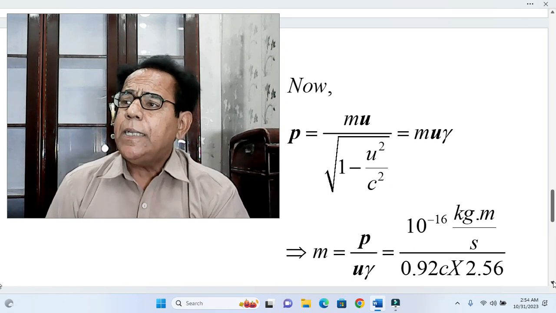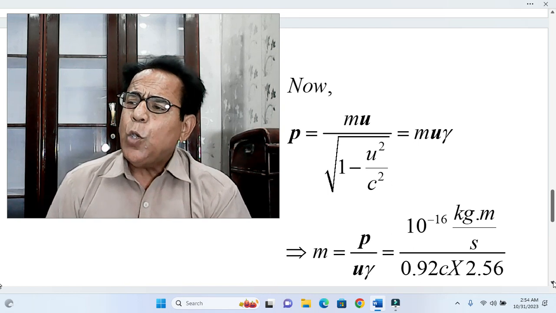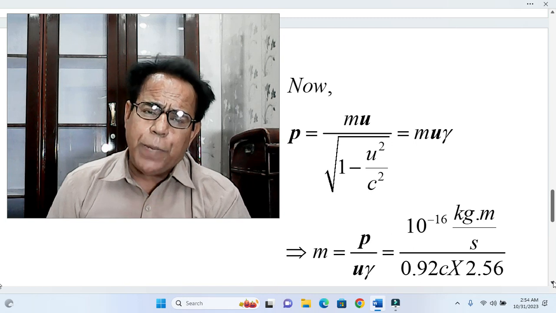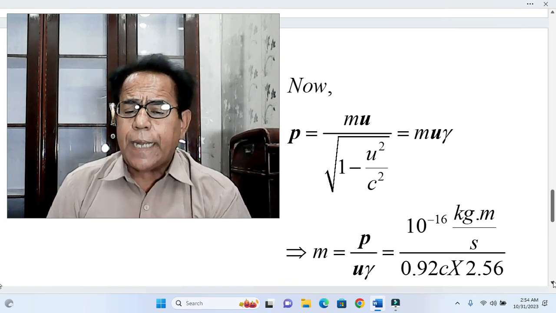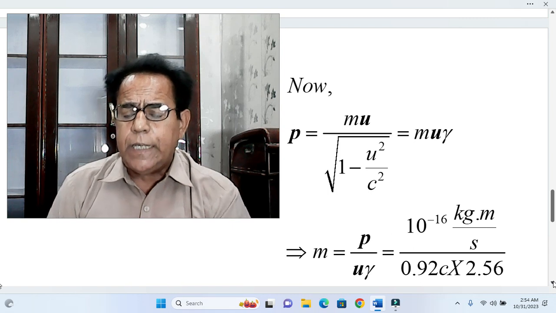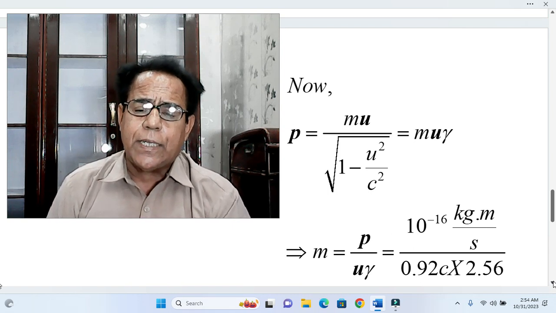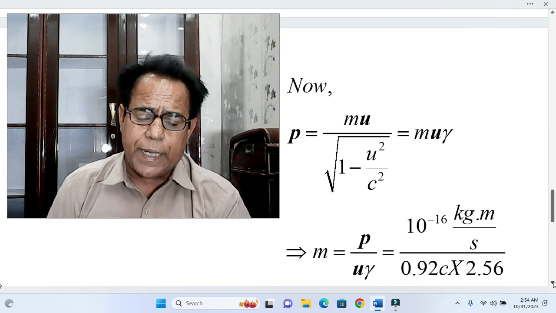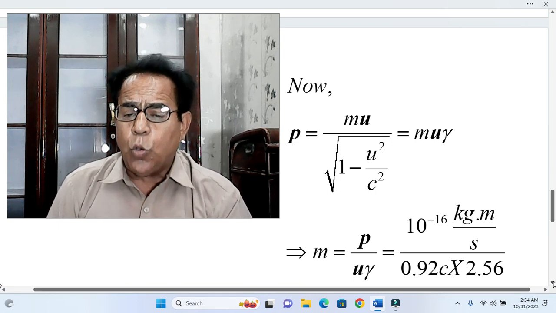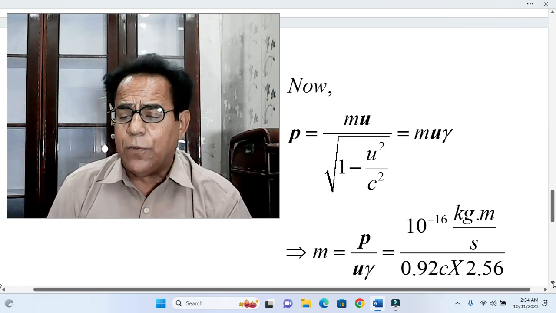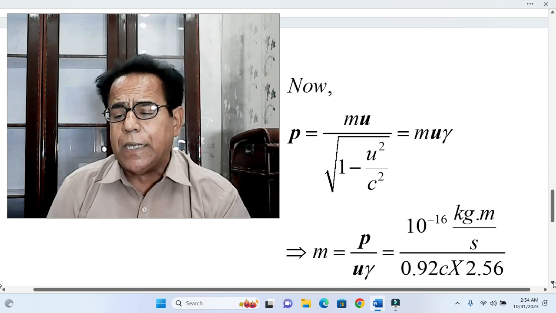Newtonian or classical momentum differs from relativistic momentum only in the sense that in relativistic momentum the Lorentz factor is involved as a multiplying factor.